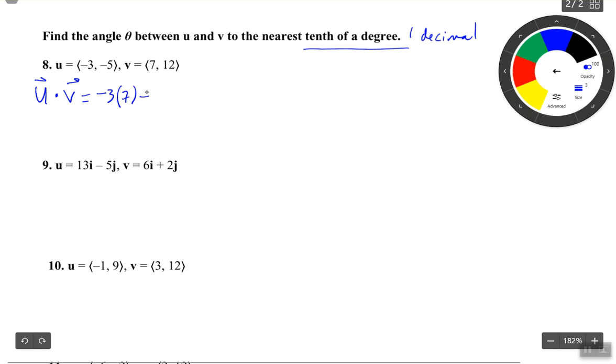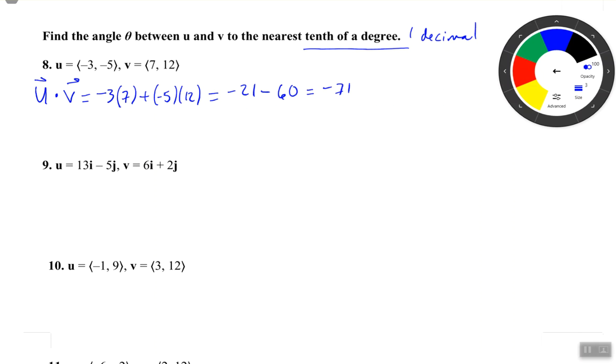Yep. And then what are the other 2? -5 and 12. Okay, so that's negative 21 minus 60. So is that going to give me negative 71? That's my dot product. Now we need to find the magnitudes.